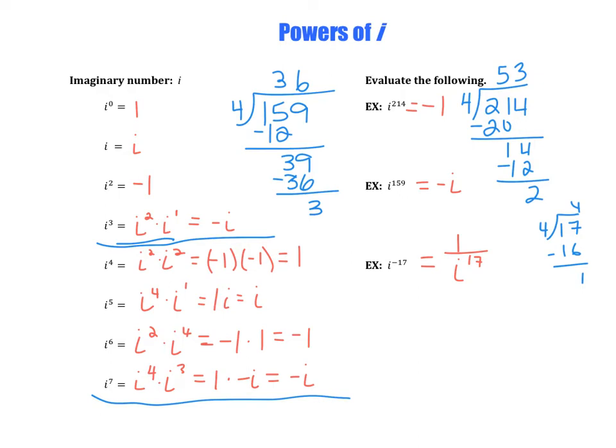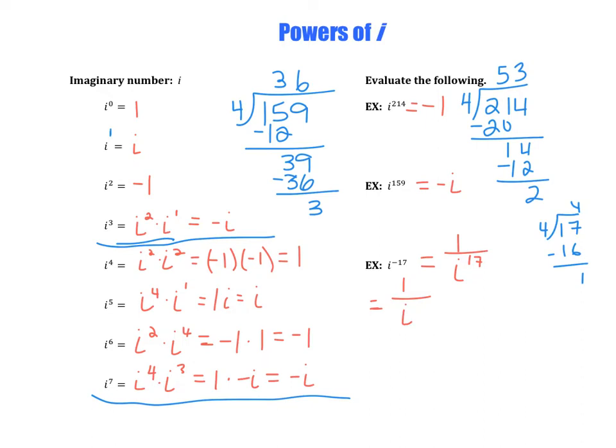So it ties into my i to the first over here. This is going to be equal to 1 all over, again, a remainder of 1 ties into a power of 1 for i, so it's going to be 1 over i.